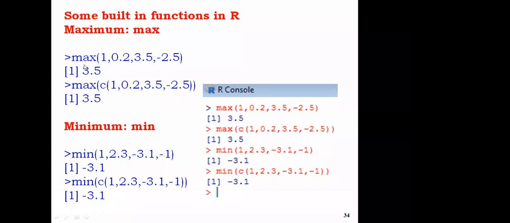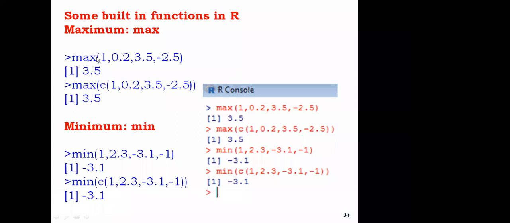So in case of R, you write max, and then within the bracket you write the values, and hit enter, then you will get the result of the maximum. Similarly, we can write it like this.